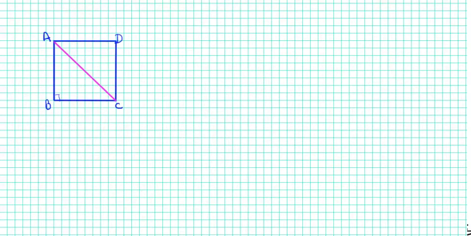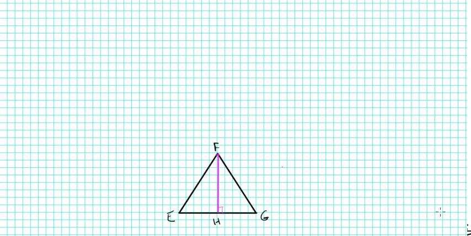And that next one is, let's start with an equilateral triangle. Now, as you know, in an equilateral triangle, the angles are 60, 60, and 60.